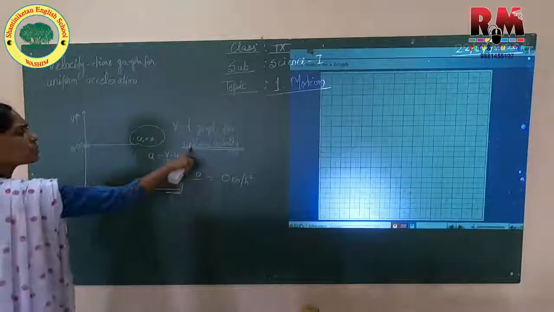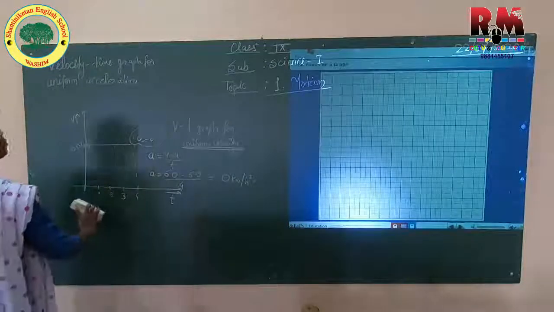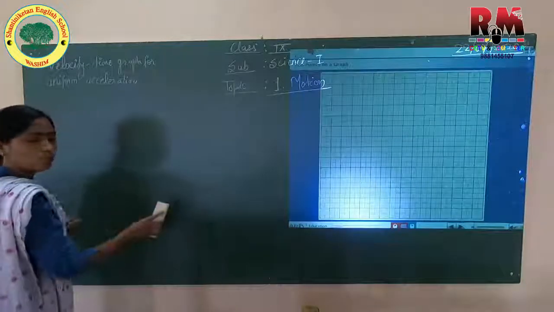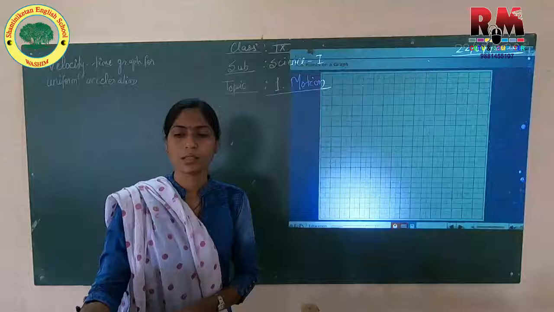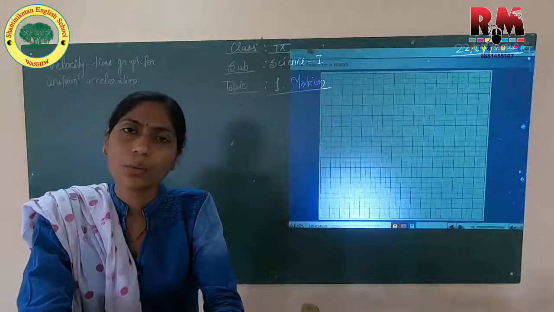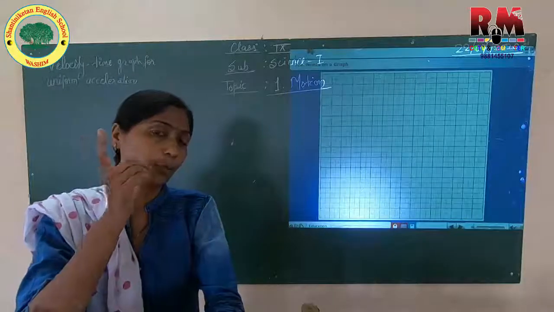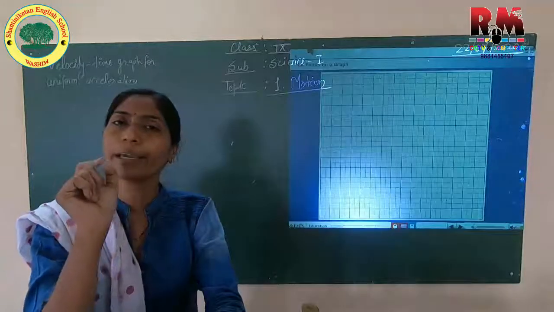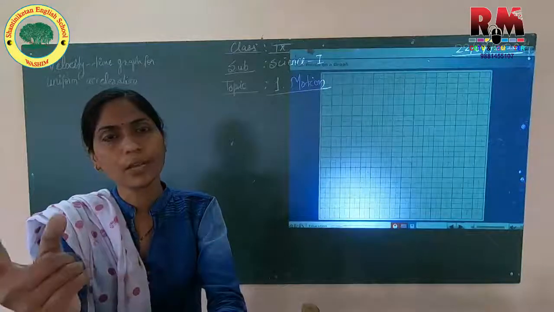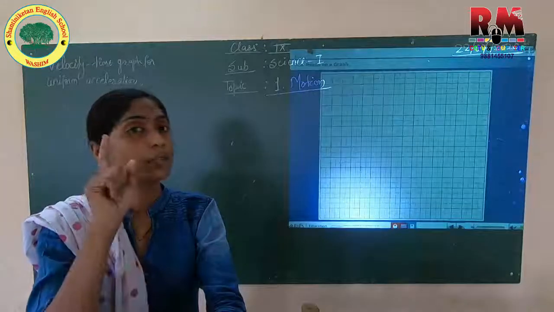Now instead of using uniform velocity, what are we taking? Uniform acceleration. Now you know this, uniform motion means equal distance in equal interval of time. I am talking about uniform motion. So if I am talking about distance and time, equal distance in equal interval of time, then that speed will be called uniform speed.